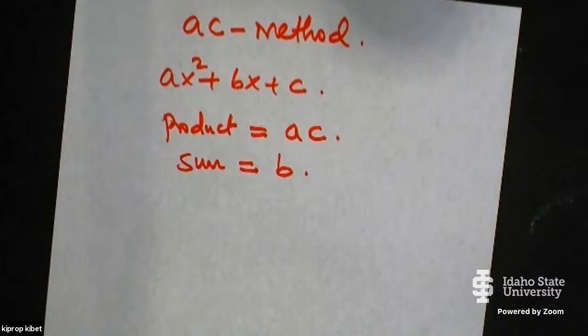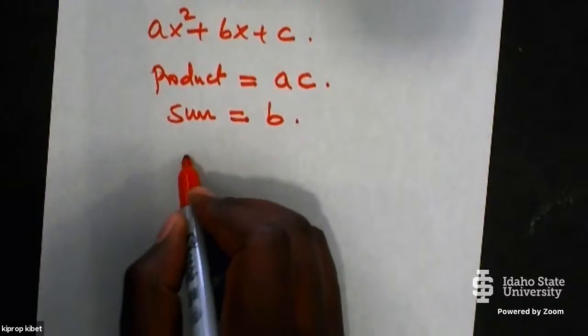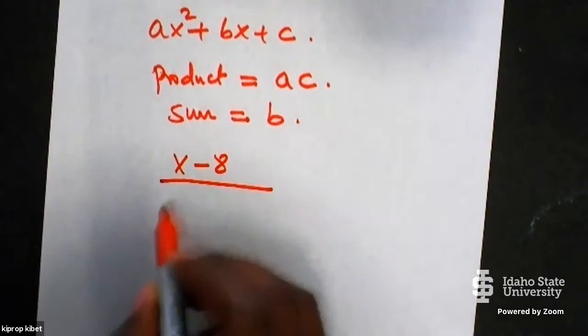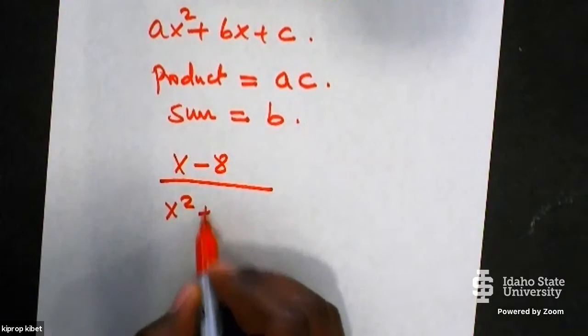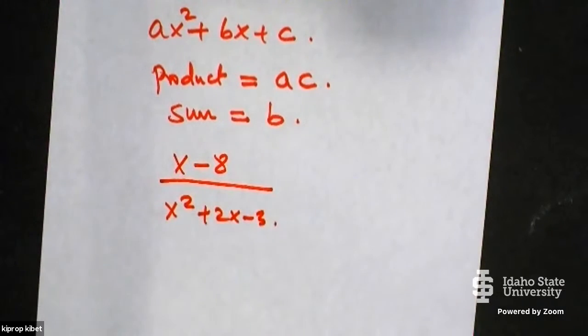For us to restrict this, the denominator should be equal to 0, so that it becomes undefined. So what are those values which, when we put them there, make it undefined? Our function there is x minus 8 all over x squared plus 2x minus 3.